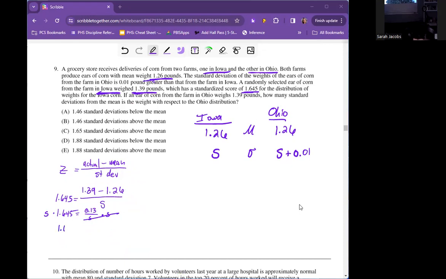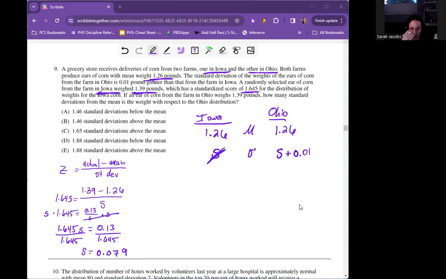And then we get 1.645 S equals 0.13. Then we want to get the standard deviation by itself, so we're going to divide by 1.645 on both sides. And we get a standard deviation for Iowa of about 0.079.